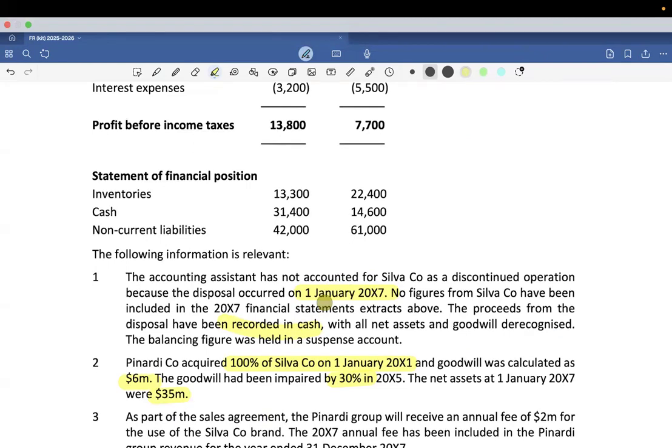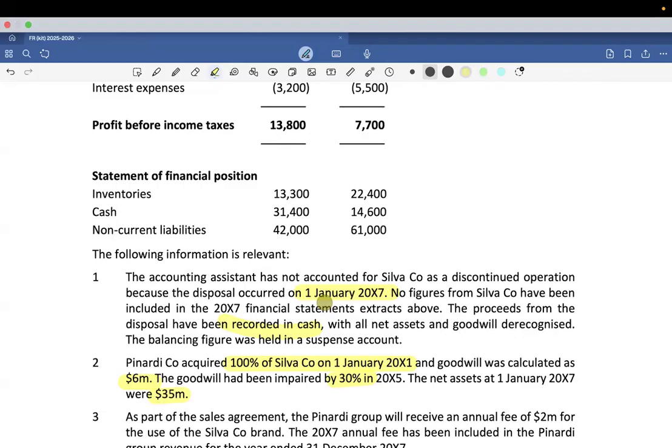Because you prepare your FS at 31st December 2007. But in this 1 year, Silva Company is not there. So that is a glitch, right? Even if it is like that, you have to take previous year figures and take it into the accounts, into the FS.